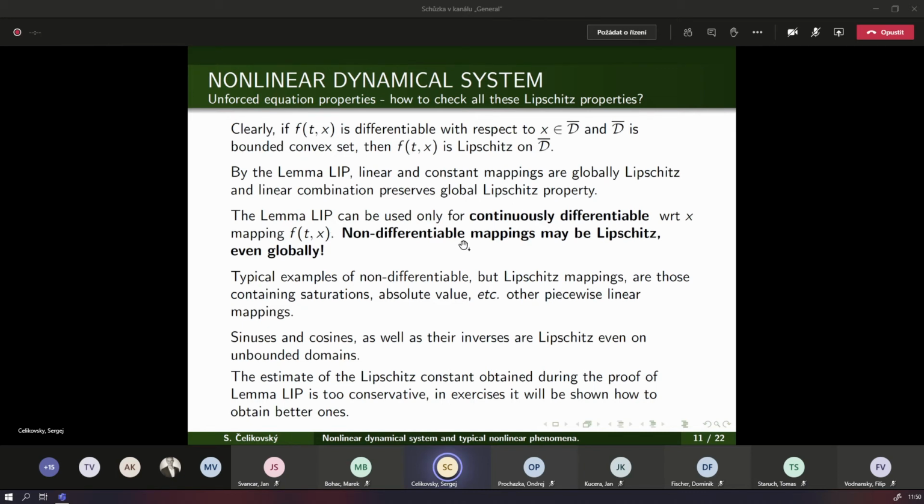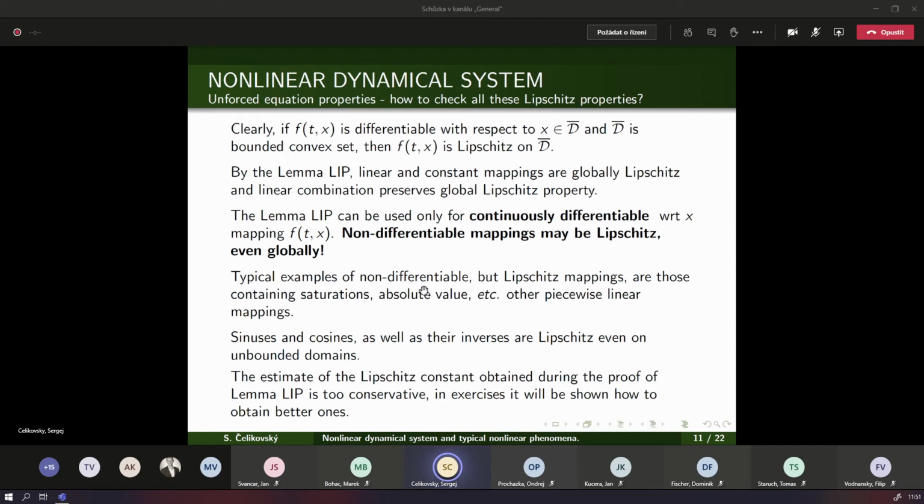This lemma can be used only for continuously differentiable mappings with respect to x, but usually we will meet even non-differentiable mappings that may be Lipschitz, even globally. So this lemma is not such a powerful tool.